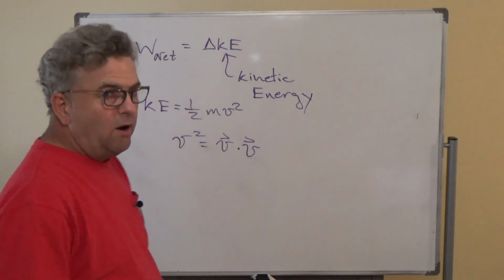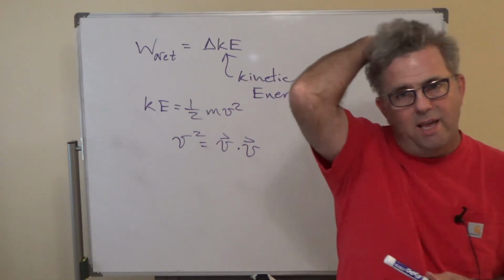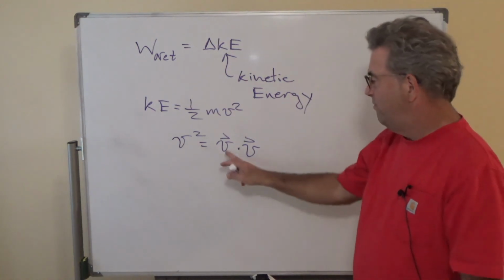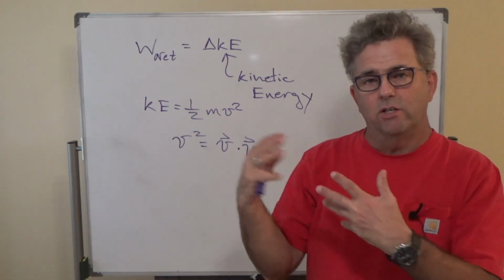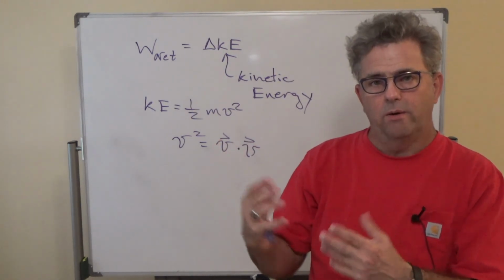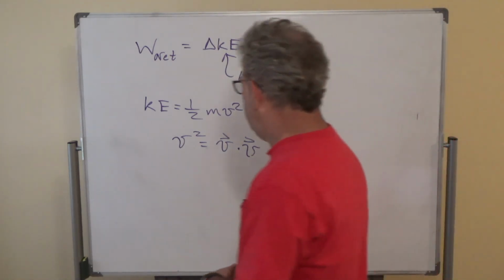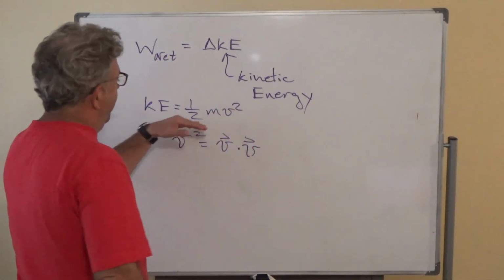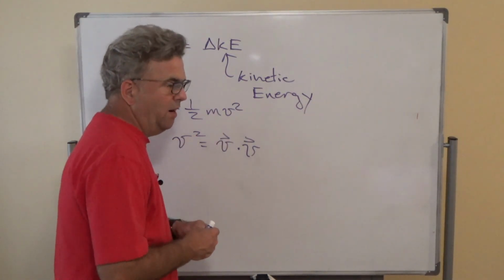When you're squaring a vector and you're getting a scalar, that means v dot v. Okay? You're looking at the magnitude of the vector squared. Okay? And that's what that gives you. So it's 1/2 of the mass times the velocity squared.